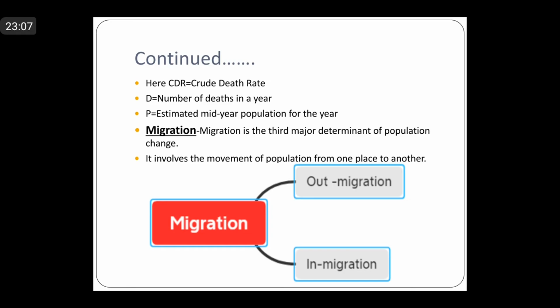Now, let us discuss the third major determinant of population change, that is your migration.